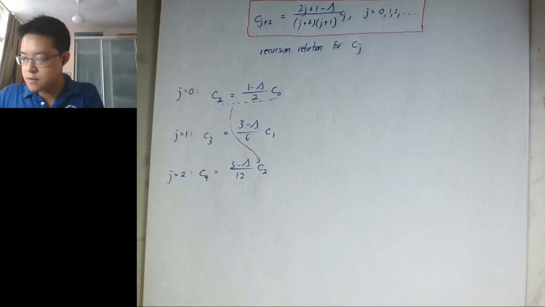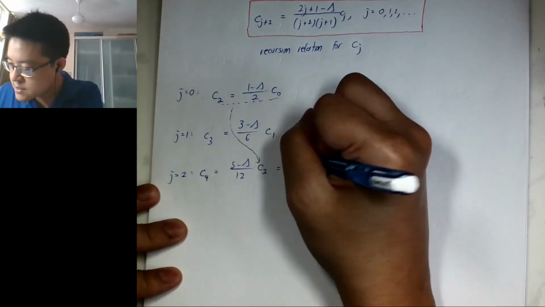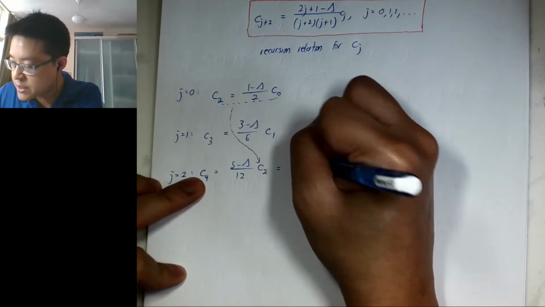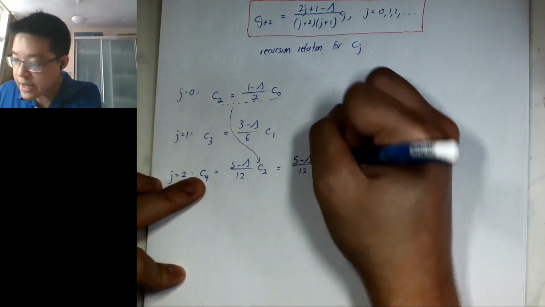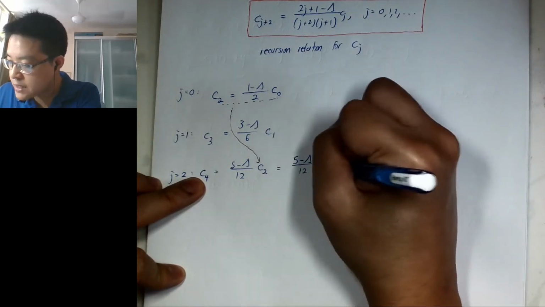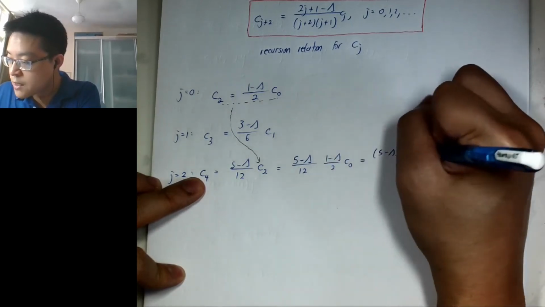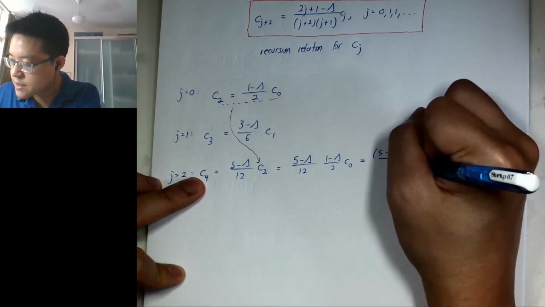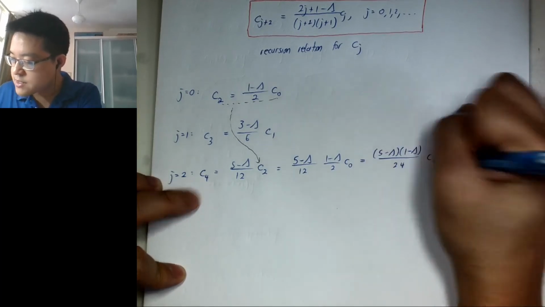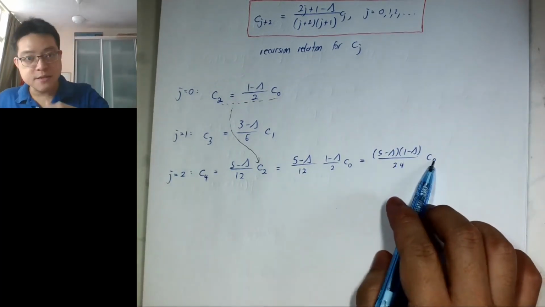So we notice this. That means c4 ultimately depends on c2, and everybody ultimately depends on c0. So this is 5 minus lambda, 1 minus lambda, and then this is 24, c0. So c4 depends on c0.